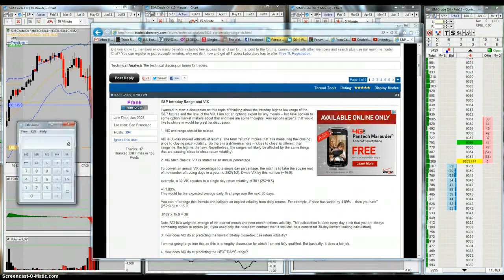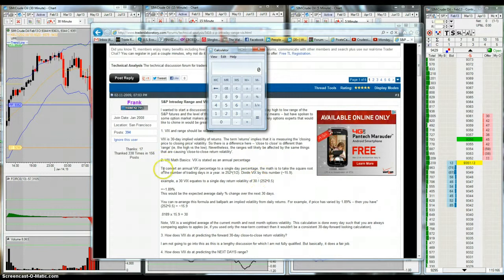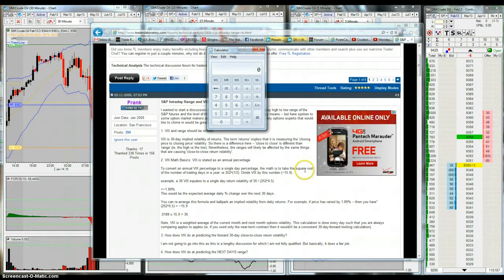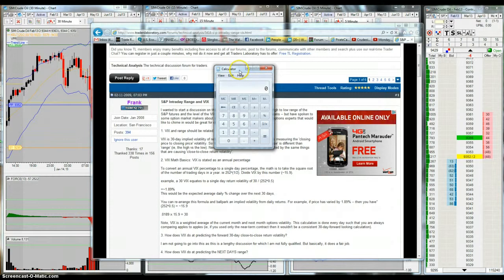You open up the calculator. It's very simple. What you do is you convert the annual VIX percentage to a single day percentage. You take the square root of the number of trading days in a year, 252, and you divide that by half. That gets you to 15.9.